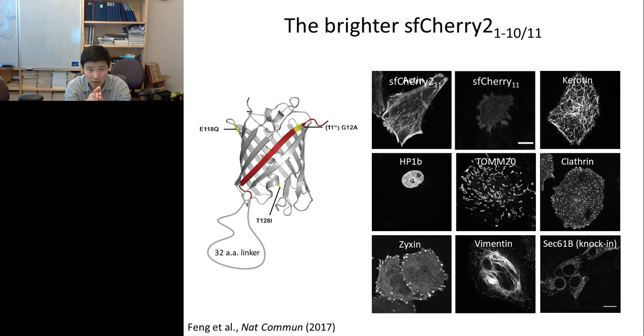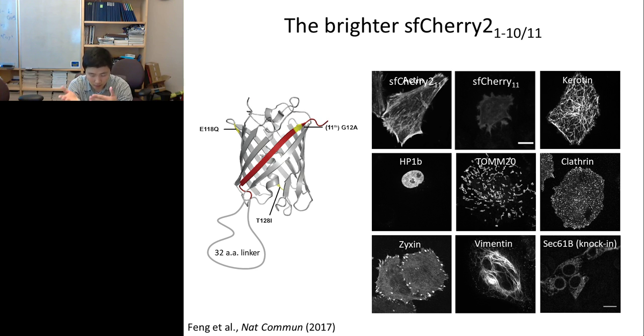So these are the endogenous overexpressed cases, and in the lower right corner, labeling of endogenous proteins using the SF cherry 2 11. Now we have the two colors. We can do double knock-in, and that enables us to do some very interesting things.